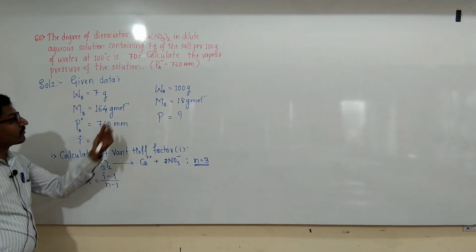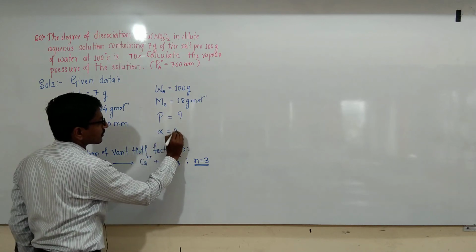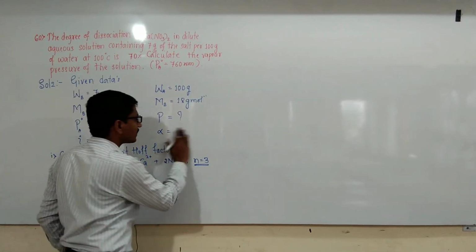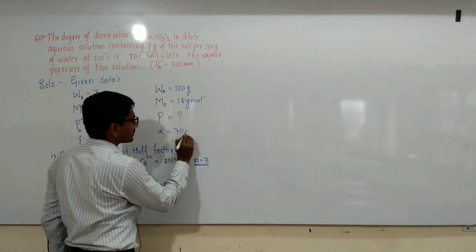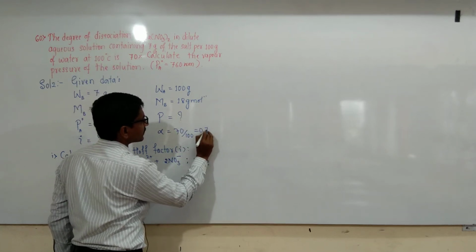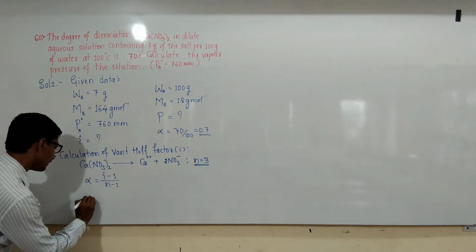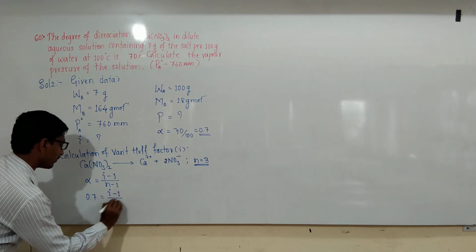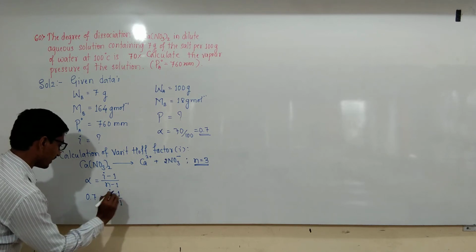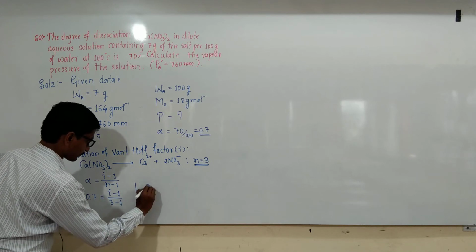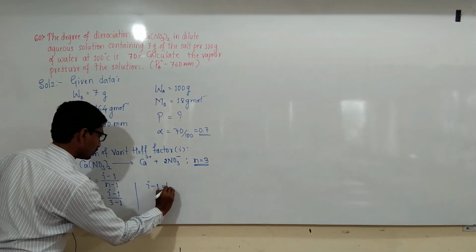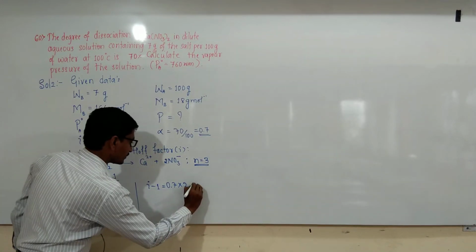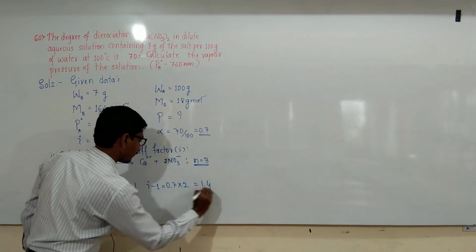From this relation, the van't Hoff factor is calculated. Alpha is given, that is 70%. Alpha is 0.7, since 70% means 70 divided by 100. Substituting here, 0.7 is equal to (i minus 1) divided by (3 minus 1). Therefore, i minus 1 is equal to 0.7 into 2, which is 1.4.